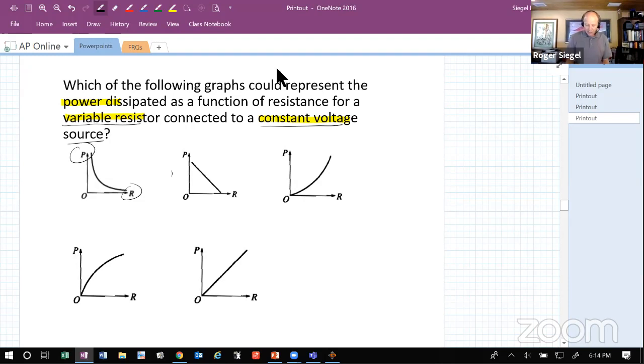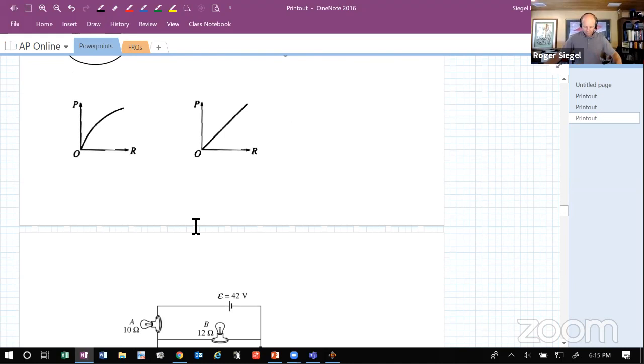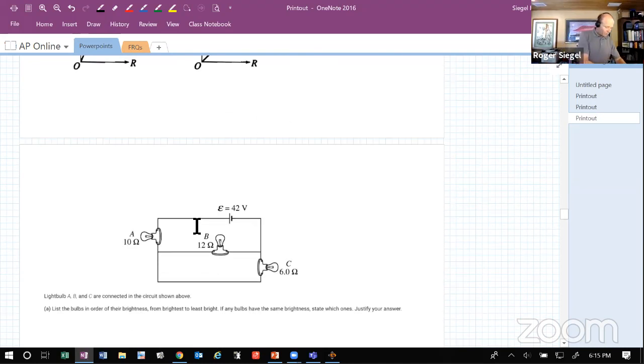So we're going to say that we want P as a function of R. And so power, we know, with voltage is V squared over R. So what we would say is P is 1 over R times V squared. Now look, they said V is constant. So P is proportional to 1 over R. That's our inverse relationship. So I'll bet you that's answer A. All right, let's go on.